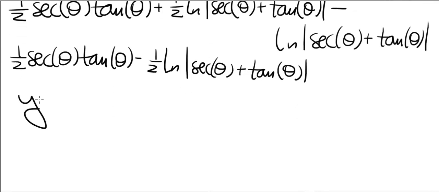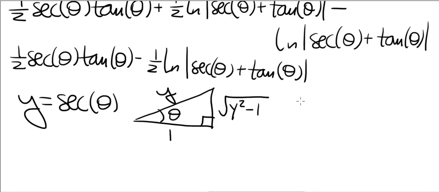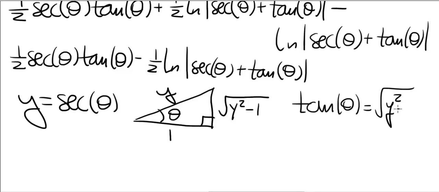Recall that our substitution was y equal to secant of theta. If we draw a right triangle like this with this angle theta, secant is hypotenuse divided by the adjacent side. By Pythagorean theorem, that makes the opposite side square root of y squared minus 1, and that makes tangent of theta square root of y squared minus 1.